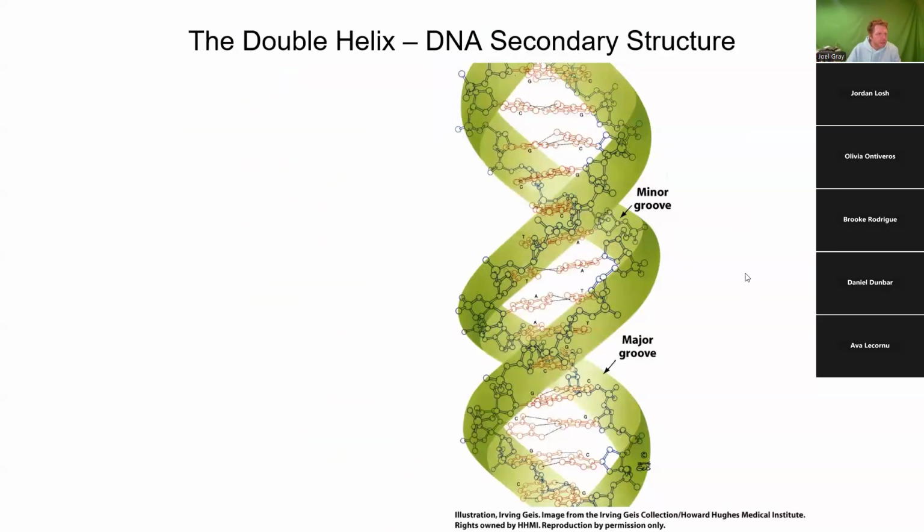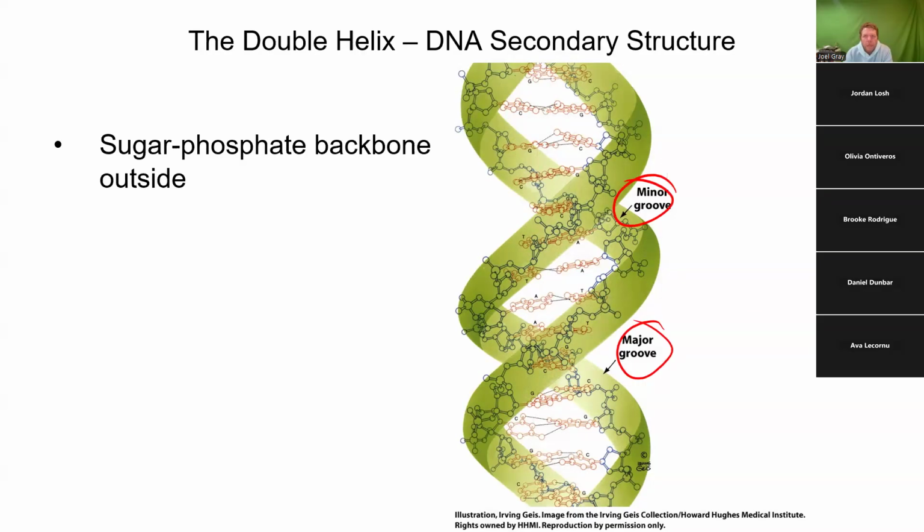So now we've got a couple more questions that I want to ask you guys, and I'm going to open these up and just keep them up for the next few slides and answer them as you're ready to. So here is our double helical structure, our secondary structure of a DNA molecule. Major parts or geographical structures are the major groove and the minor groove. These are regions of a DNA molecule that allow for proteins to interact with them.